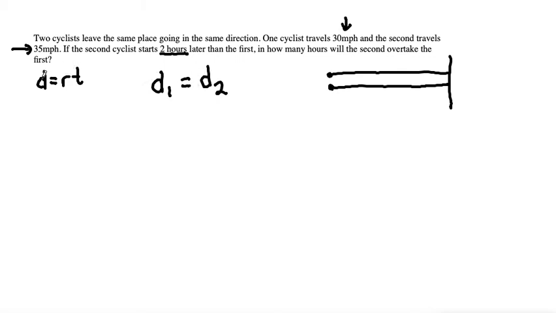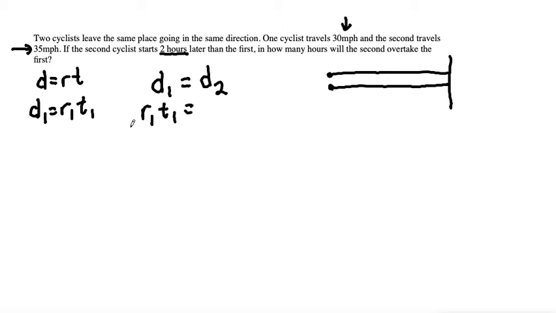And we also know that since distance is equal to rate times time, we can substitute that the distance of the first cyclist is equal to the rate of the first cyclist times the time of the first cyclist. So I'll substitute that for D1.